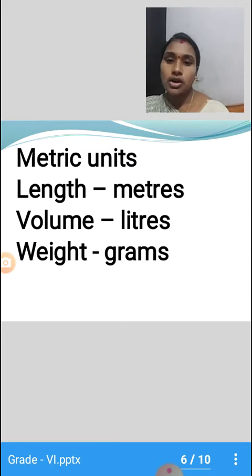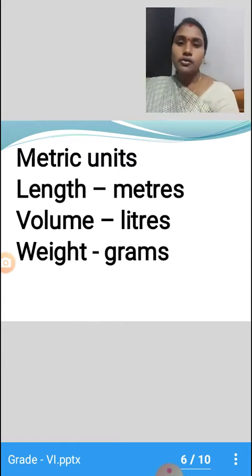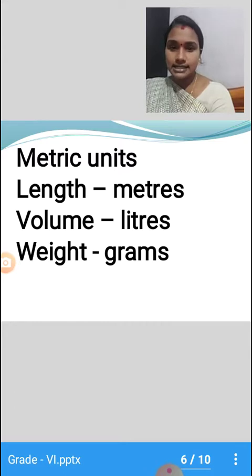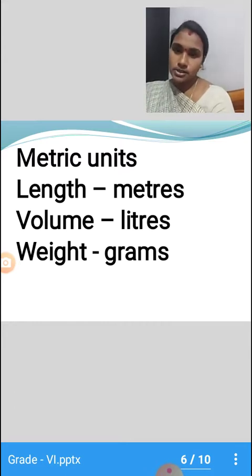There are units for the 3 metric quantities. For length it is meters, for volume or capacity it is liters, for weight it is grams.